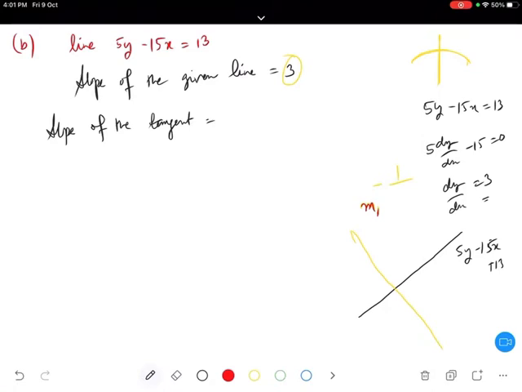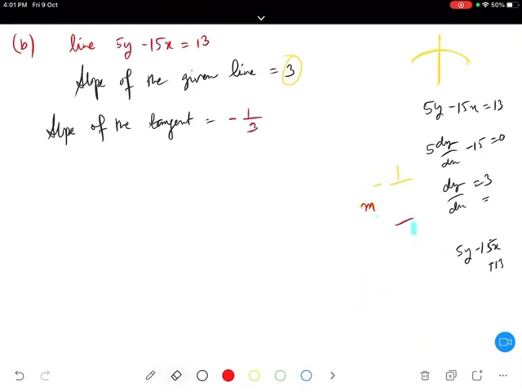In the same way, if the slope of the normal is n2, then the slope of the tangent will be minus 1 by n2. So the slope of the given line is 3, so the slope of the tangent will be minus 1 by 3. Simple as that, because they are perpendicular.